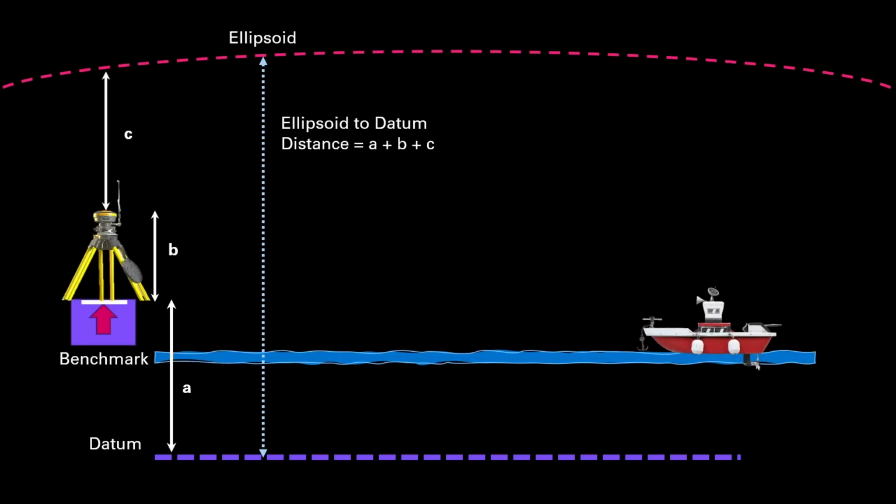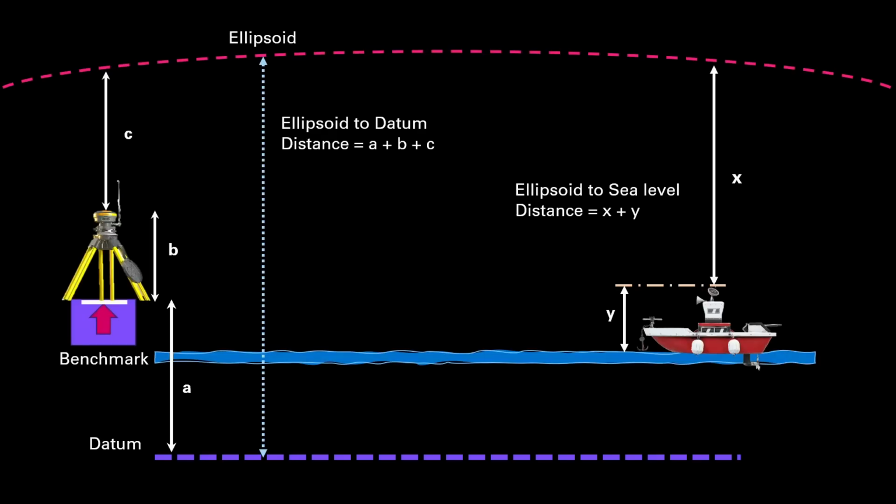Now let's bring in our survey vessel, and we can measure the height of the survey vessel from the antenna to the sea surface. The antenna on the survey vessel also gives me the height from the ellipsoid. So the ellipsoid to the sea level distance is equal to x plus y. It's clear, right?